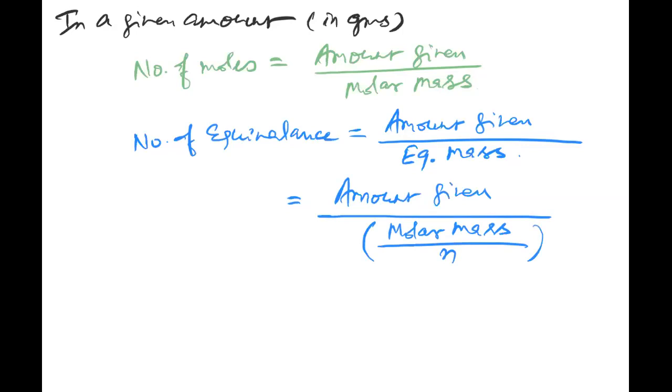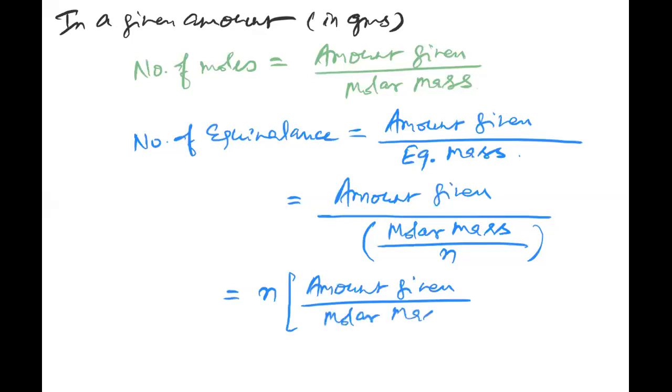We have just seen this. From here, you can say it is n factor multiplied by amount given divided by molar mass.